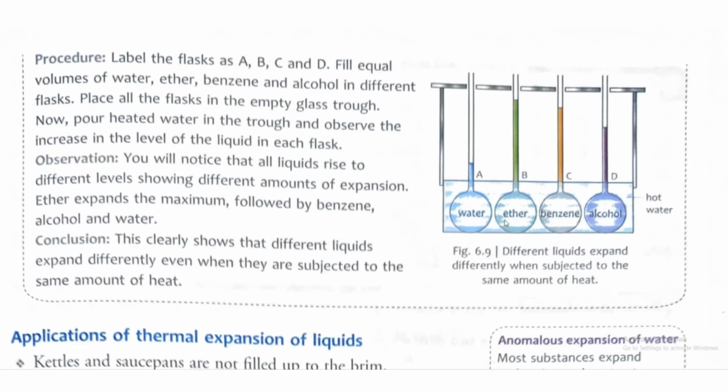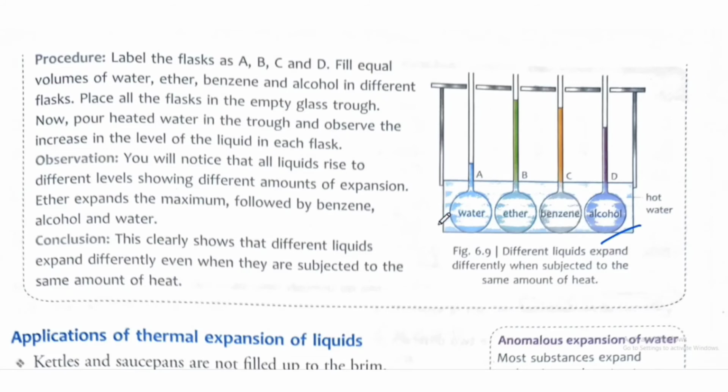Here, 4 glass flasks are taken, and the 4 glass flasks are filled with the same volume of different liquids. Flask A is filled with water, flask B is filled with ether, flask C is filled with benzene, whereas flask D is filled with alcohol.